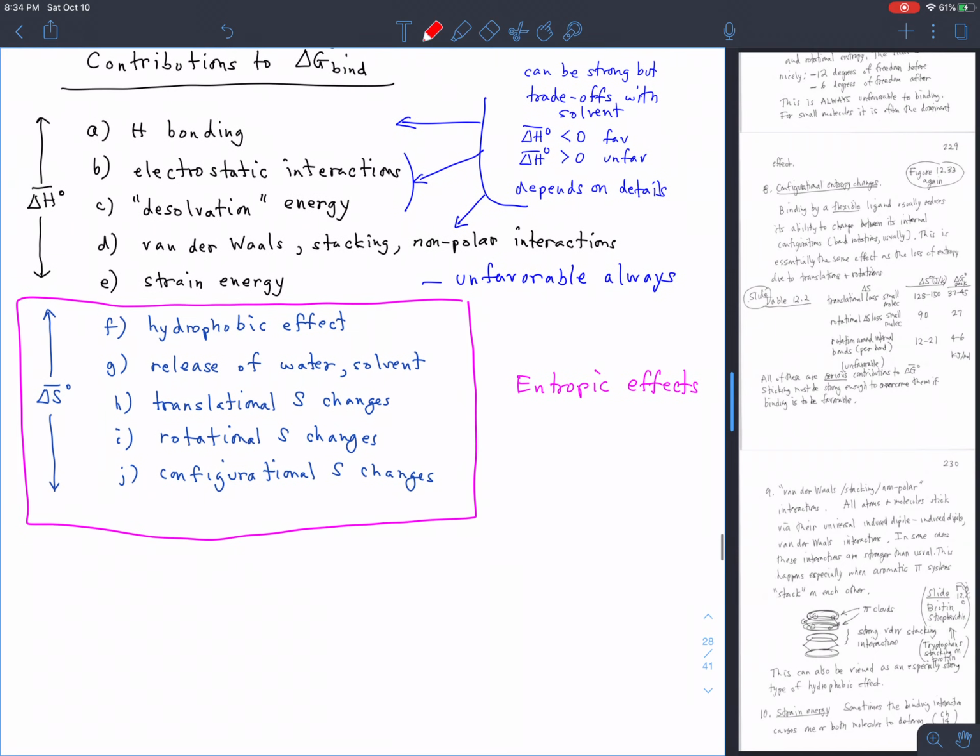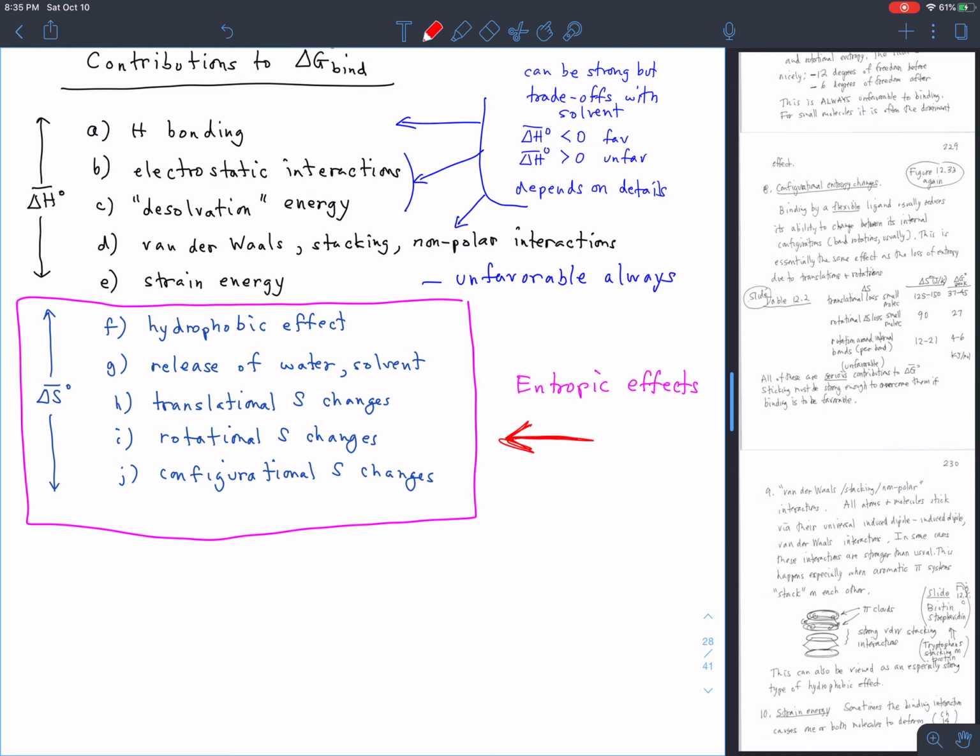And that something else, of course, the only other possibility, is entropic effects. So we talked about 5 enthalpic effects. Now we're going to talk about 5 entropic effects. And like I say, most of the time, the binding is mainly due to these entropic effects.